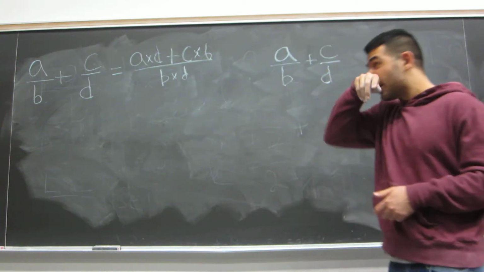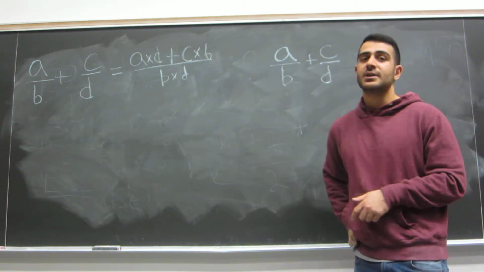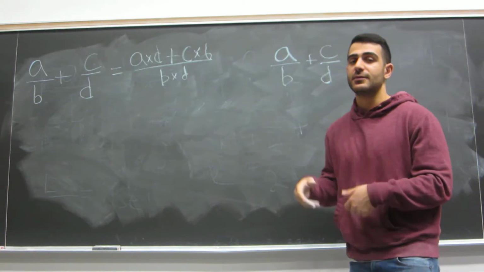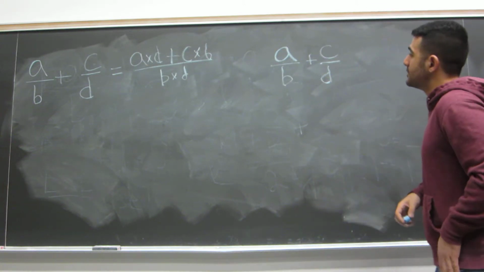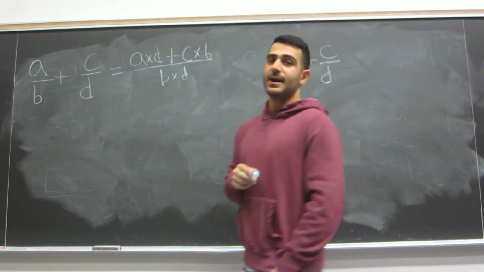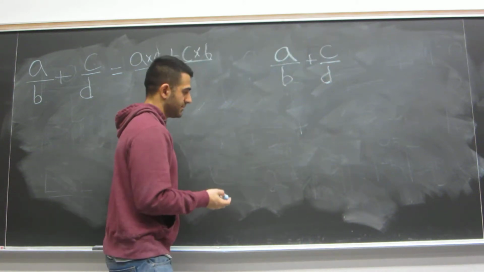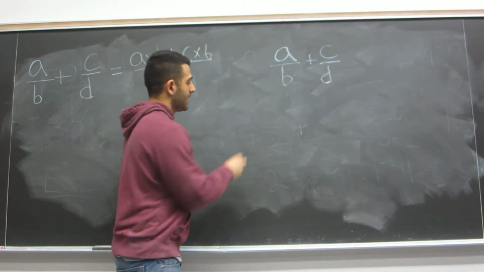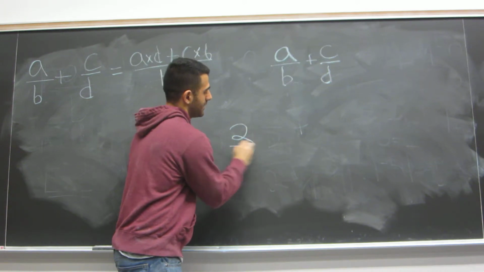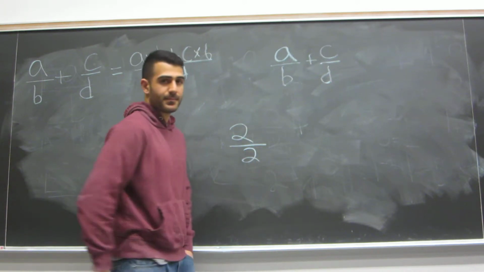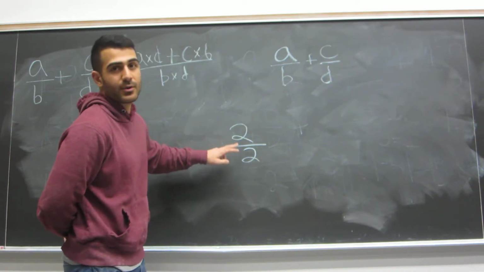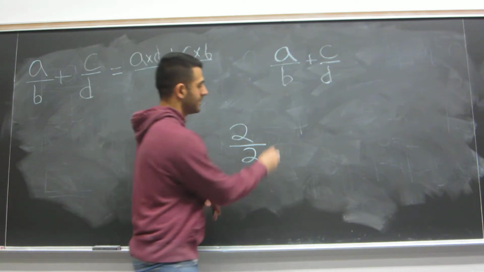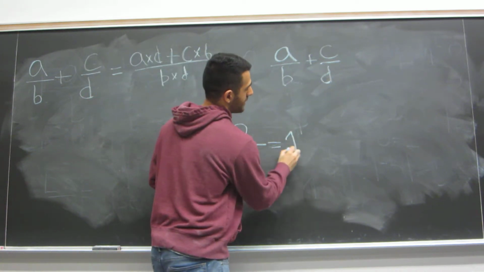Okay? Now let's show you how you can get this result on your own, how you could figure it out. We're going to use two important facts. We know if we have any fraction, and you have some number over that same number, that is always equal to 1.